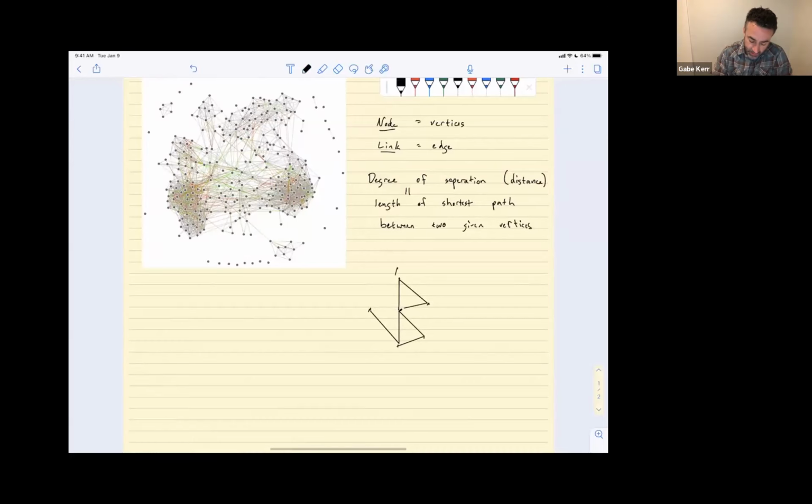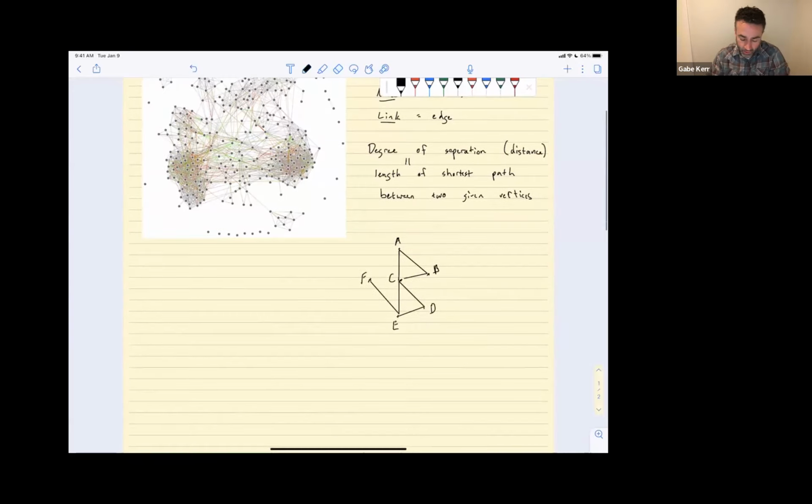All right, so let me label these vertices, A through F. Let me ask you guys, what is the degree of separation between A and, let's say, D? It's been a while since I've Zoom taught, if you want to call it that. A and D?